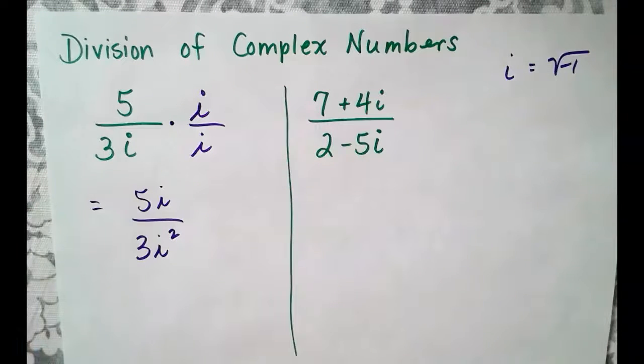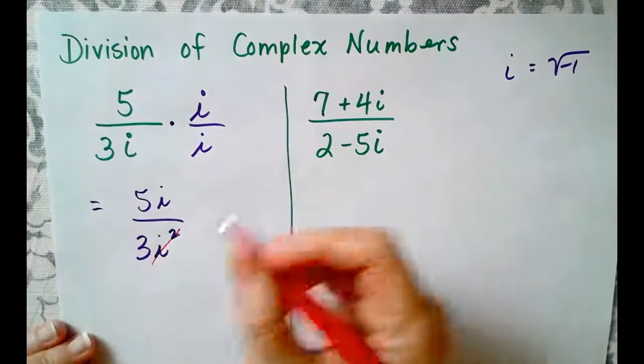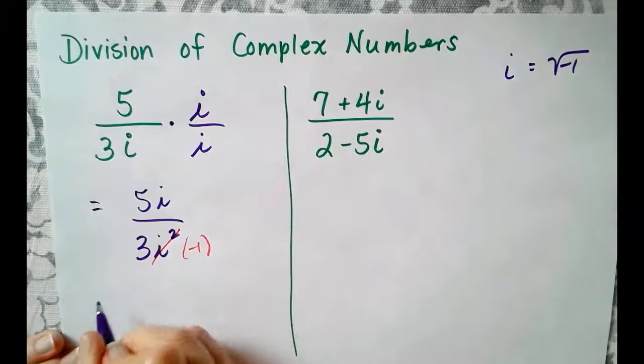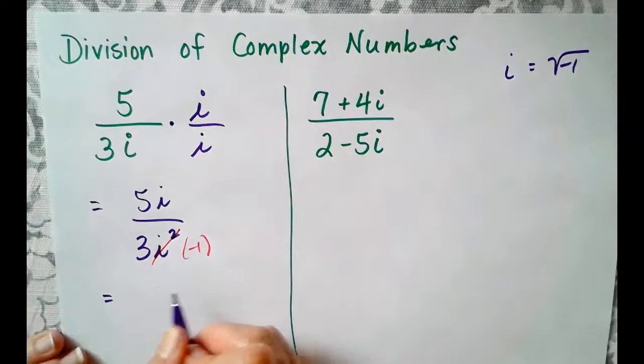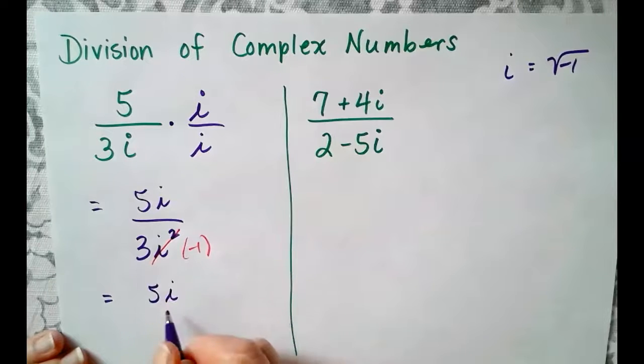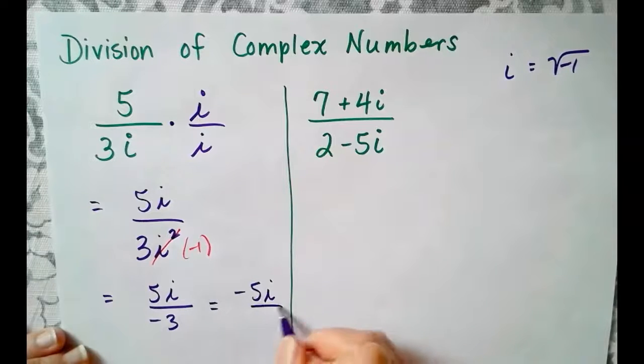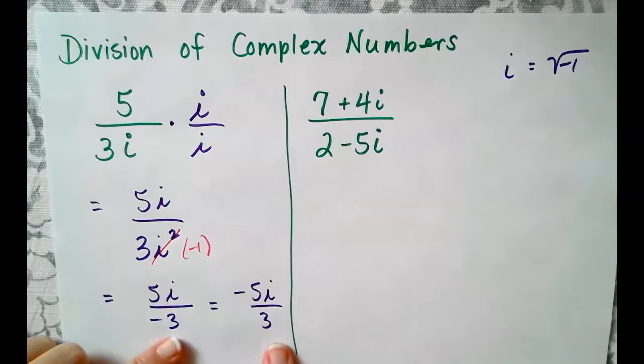And everywhere we see i squared, we substitute in negative 1. So we end up with 5i over negative 3, or you could just say negative 5i over positive 3. They mean exactly the same thing.